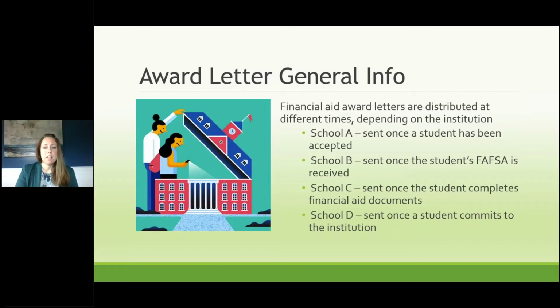One school may send it right away once the student is accepted into the college. Another school may send that letter once the FAFSA is received. Some will wait until after the FAFSA is received and any additional documentation, or maybe their admissions app, and really everything in between. So financial aid award letters can really go out at a lot of different times.